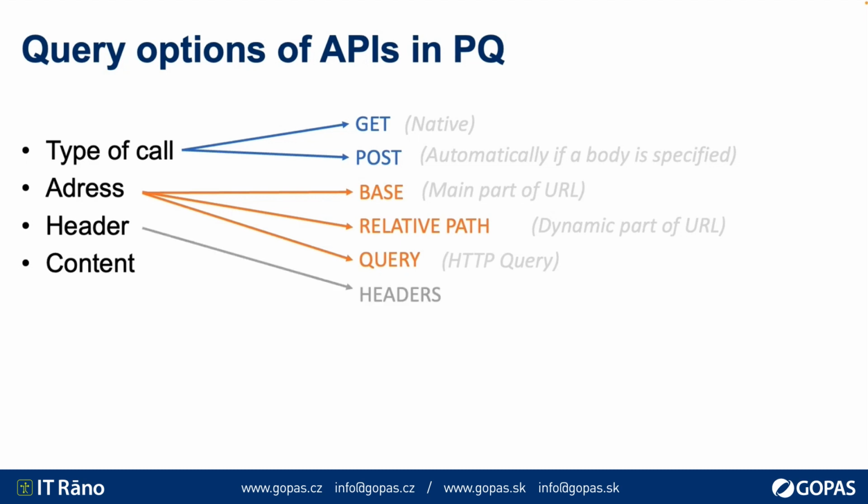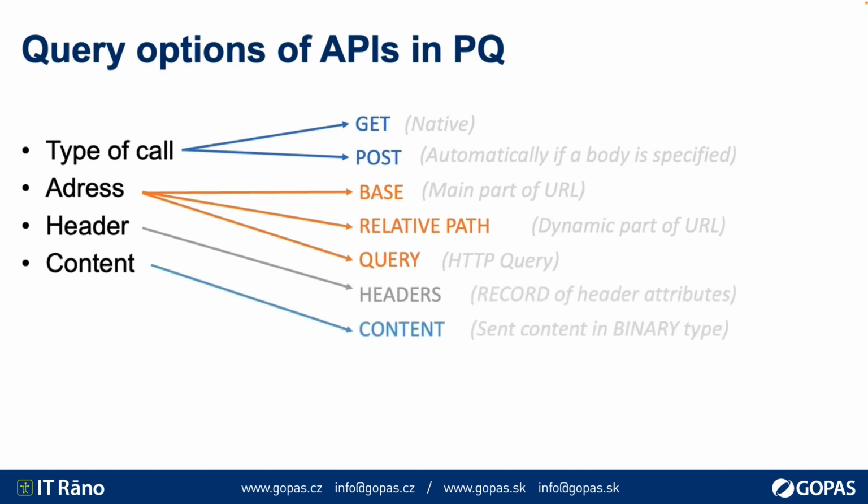Also inside the Power Query, we can set the headers. Oh, sorry, it's not a part of the URL itself. It's a part of a call that will be sent with the URL, and also then the content.